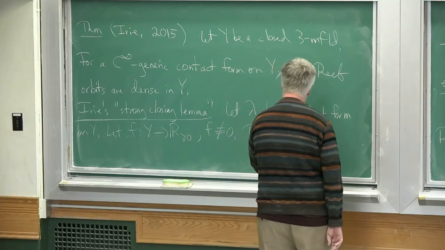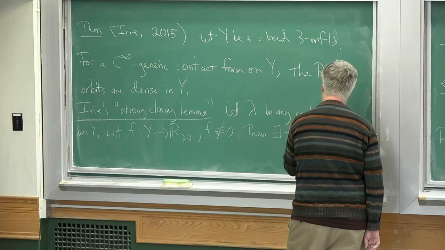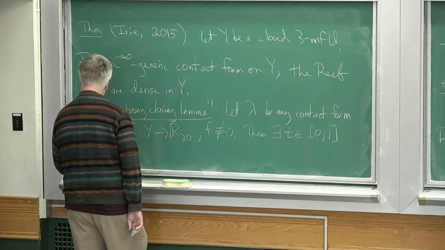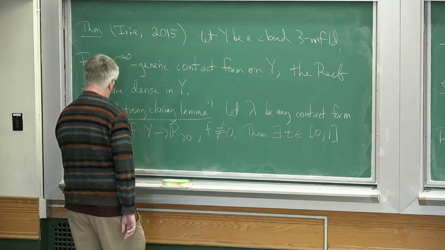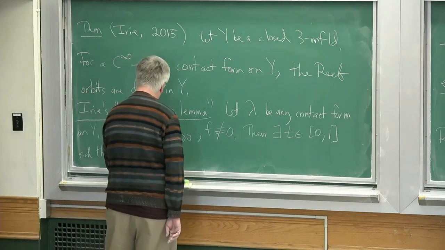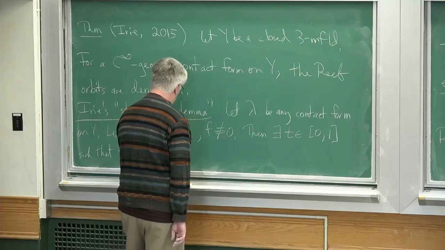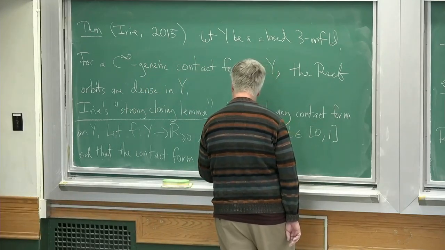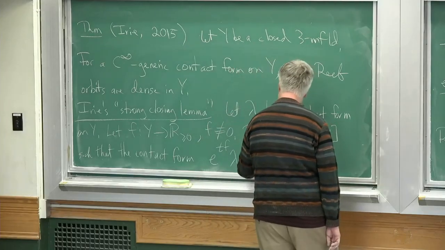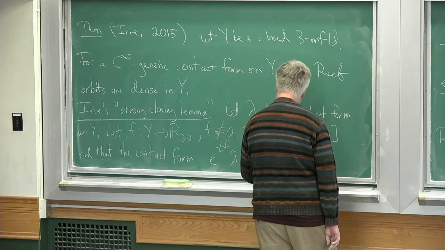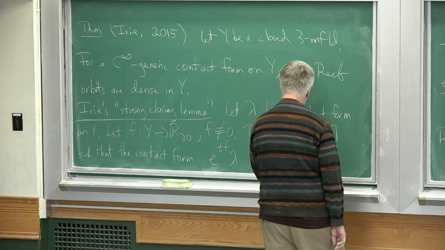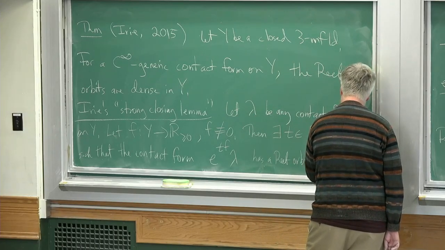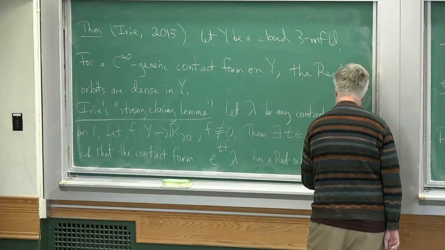Then there exists a number t in the interval from 0 to 1 such that the contact form e to the tf times lambda has a Reeb orbit intersecting the support of f.